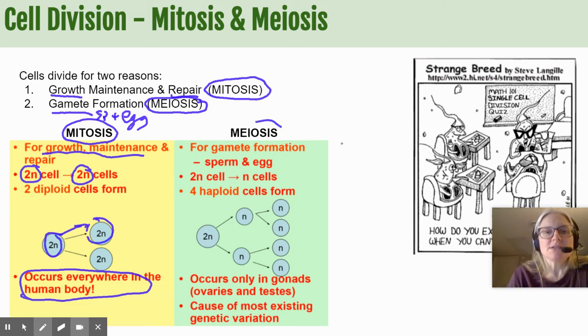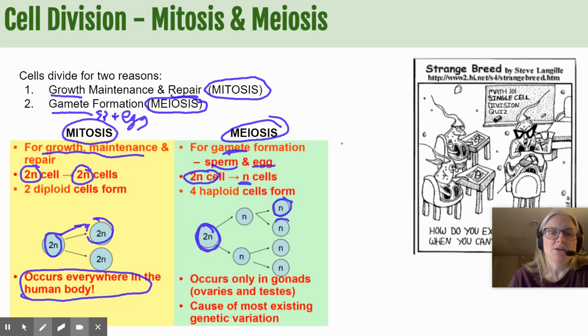Now, meiosis, this is specifically for gamete formation, sperm and egg cells. And when you are creating a sperm or an egg cell, you don't want the full copy of all the chromosomes in your body. You want half a copy. So we are called haploid. So we are going from a full complement, or a diploid complement, of all of your chromosomes to haploid cells.